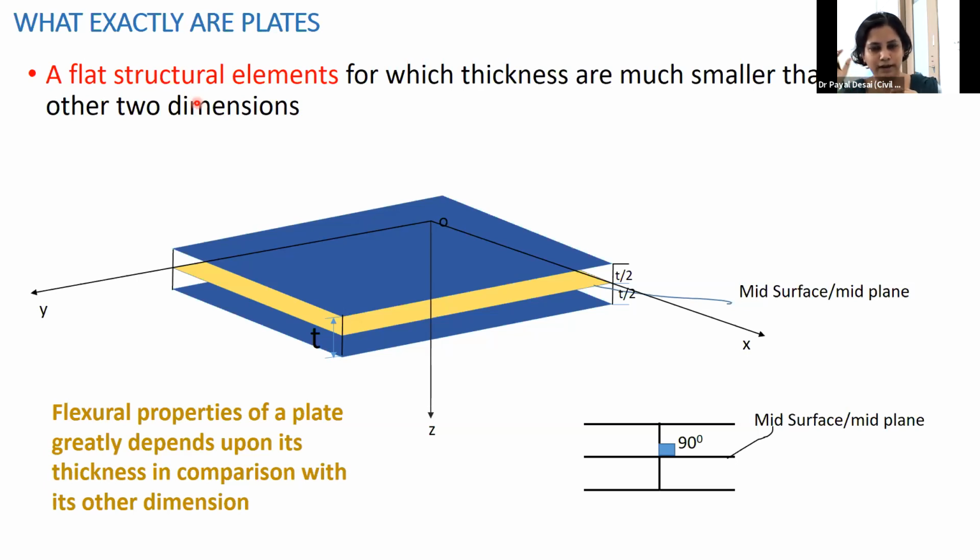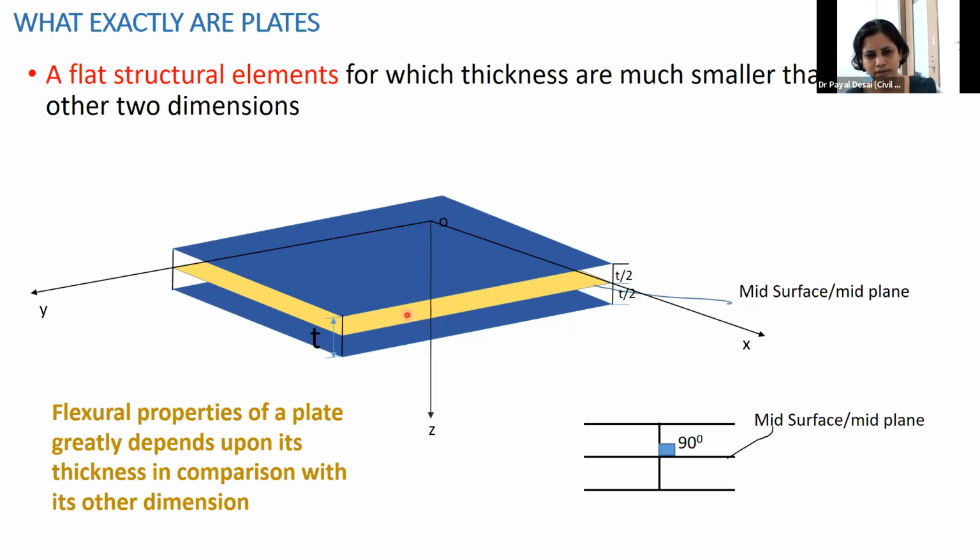When I compare this plate with the beam, at every step I am trying to compare the plate with the beam so that you can correlate, and it is much easier to understand. The depth of the plate is what we call thickness, and it is customary to divide the plate into exactly two halves, and the middle surface is named the mid surface of the plate.